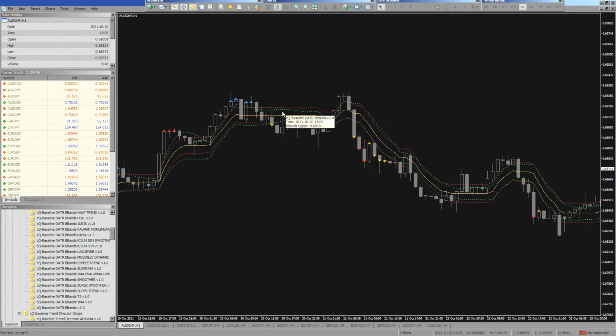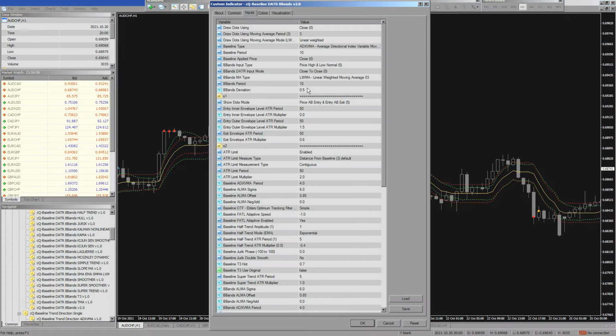And sometimes you may have to change the deviation. You may have to increase it, say on the DATR, just because of the way it's calculated. This here we have an alternate high-low calculation mode for the Bollinger Bands.